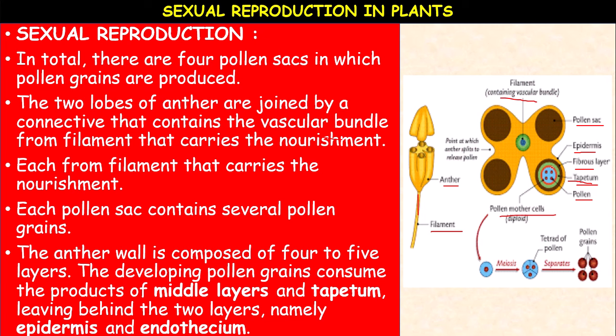The breaking of anther is called dehiscence. Let us proceed. Here the pollen mother cell will undergo meiosis and form the pollen tetrad. Next, 4 pollen grains are produced finally.